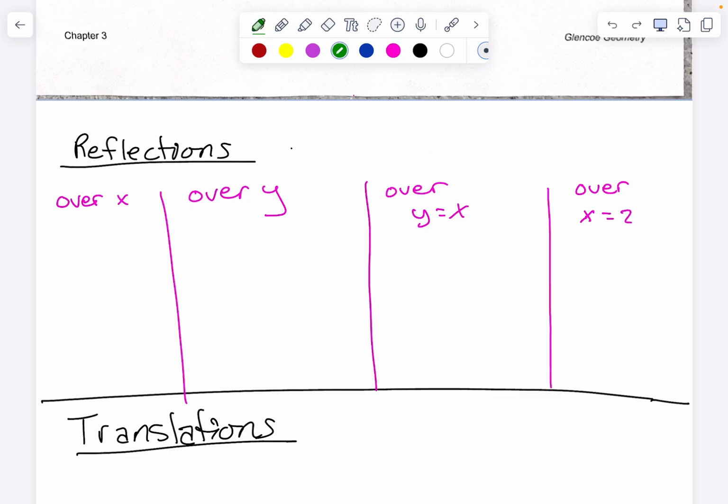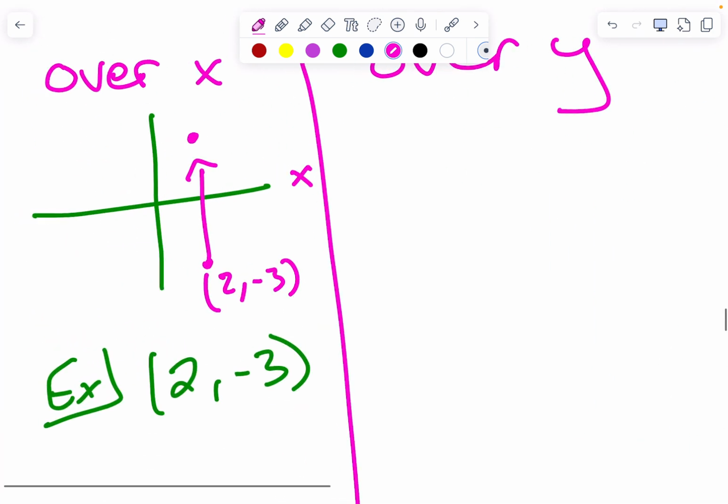So if we're reflecting something over the x-axis, let's say my example is (2, -3), okay? You don't have to write this graph down. (2, -3) is right here. If I reflect it over the x-axis, which is this line, it's going to push it up here. What will its coordinate be? (2, 3).